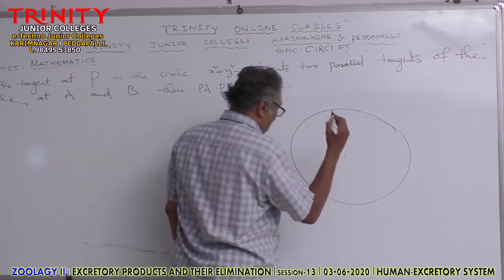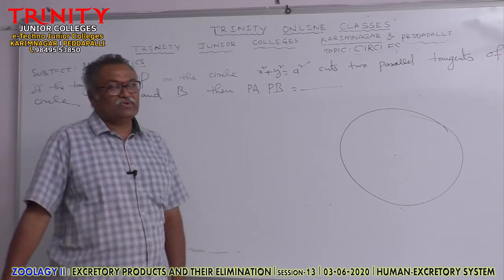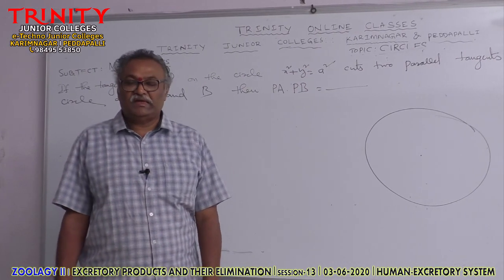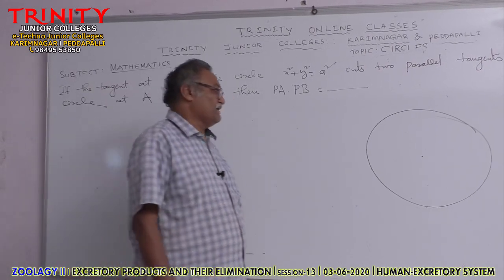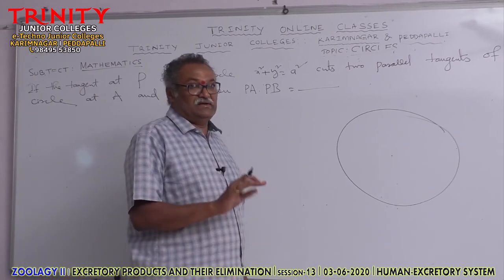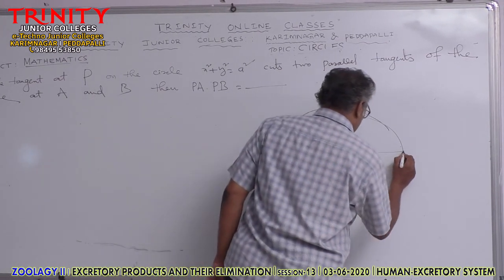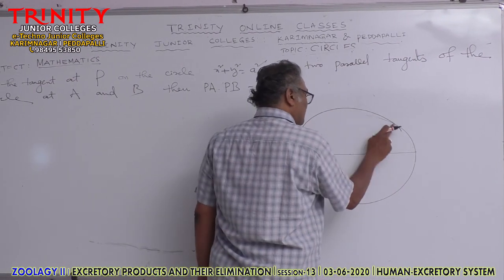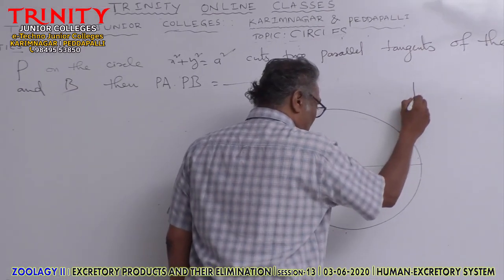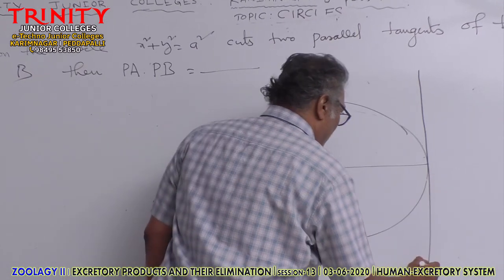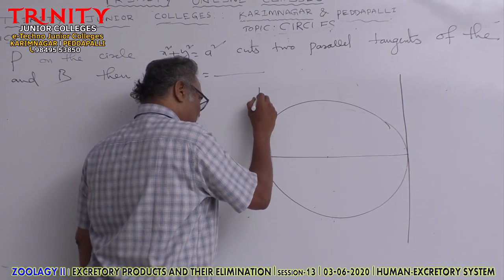Its center is (0, 0) and radius is a units. For our convenience, take the tangents like this. It is the diameter. The tangents at the ends of the diameter are parallel to each other.